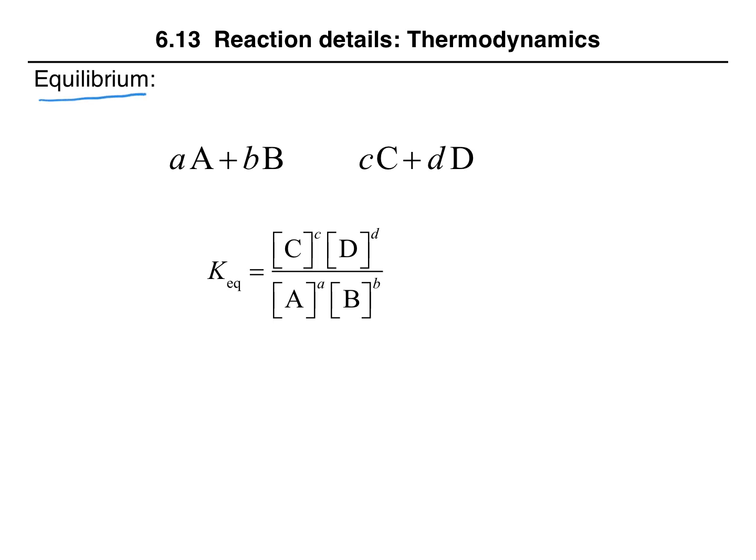So many reactions, we can think of them as going from reactants toward products. But in addition, many reactions will also proceed where the products will revert back to form the reactants. Eventually, when the rate of the forward direction is equal to the rate of the reverse direction, that system is at equilibrium.